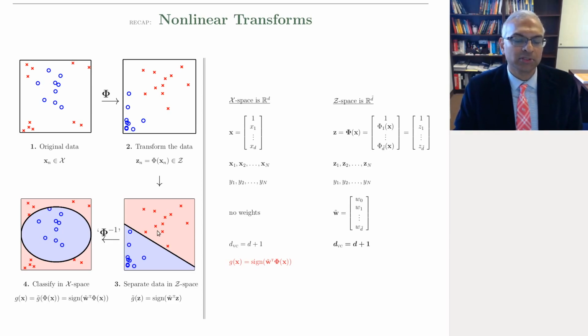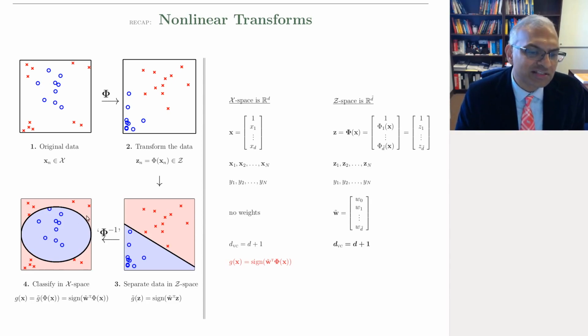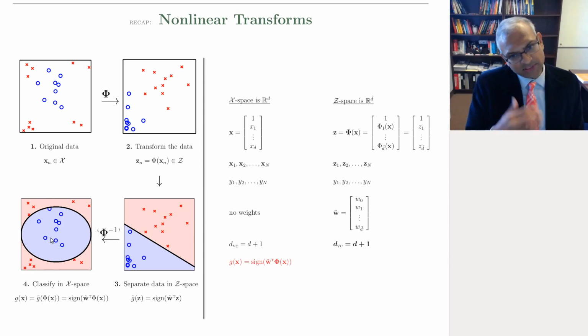You transform that point into your Z space, into your feature space, okay? And when that point is transformed into your feature space, it'll be either in the red region or the blue region, and you classify accordingly. Now, if you play this game with all possible test points, some of them will be classified blue, and some of them will be classified red, and that creates a separation boundary, the classification boundary, which in this case is something like an ellipse.